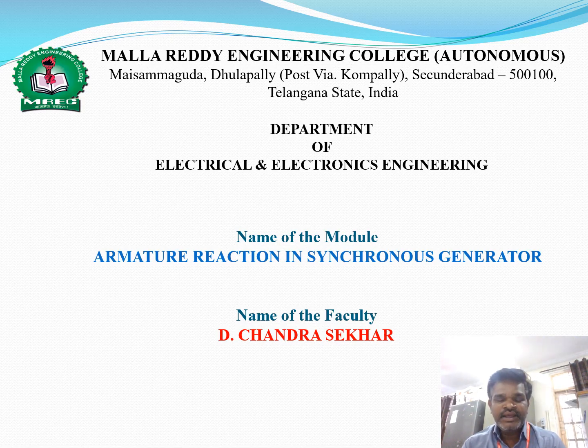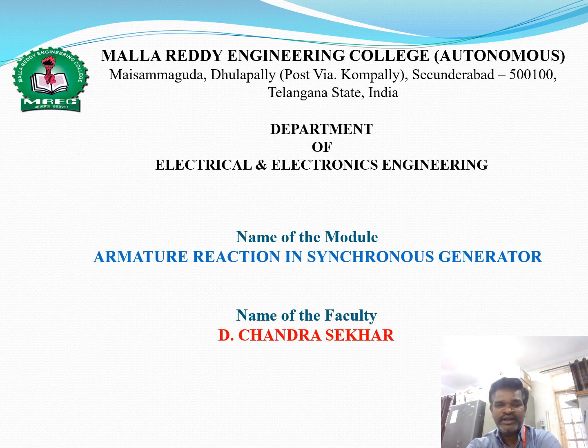There are two fluxes in a machine, either it is a DC machine or AC machine, DC generator or AC generator or synchronous generator. One flux we call the main field flux and the other flux we call the armature flux.